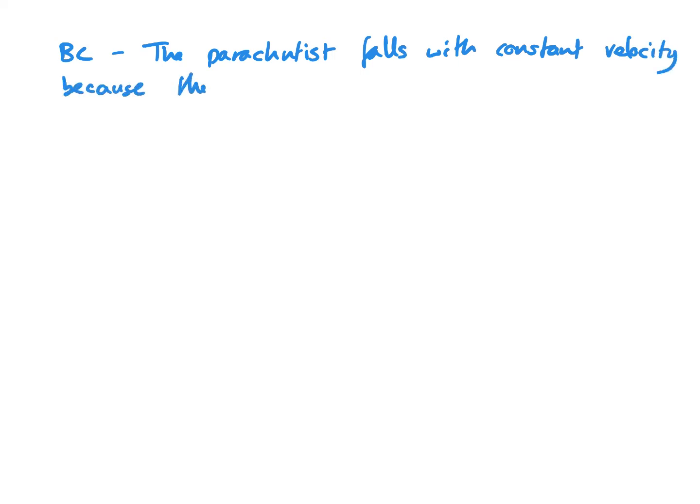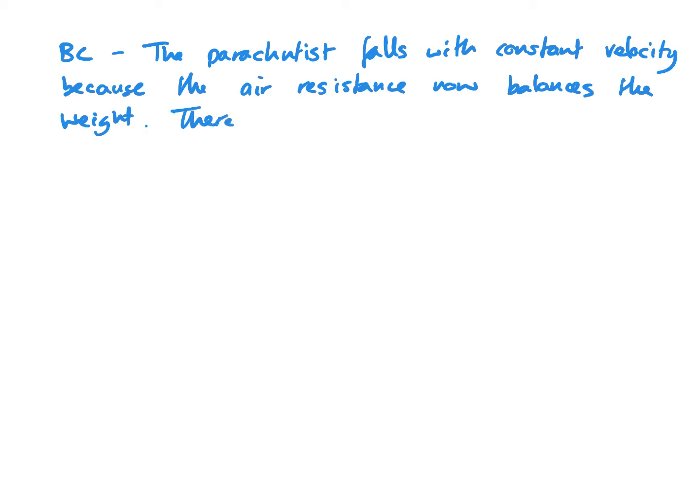Because the air resistance now balances the weight. And try and use a technical term. If you just say equals the weight, then you'd have to be clear that they're in opposite directions. So the air resistance now balances the weight. There is no unbalanced force.